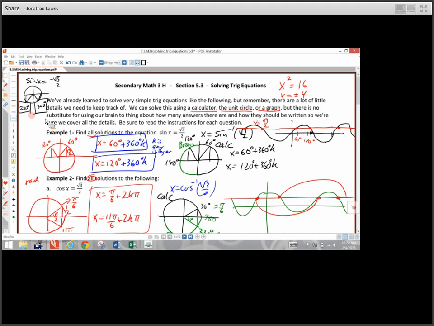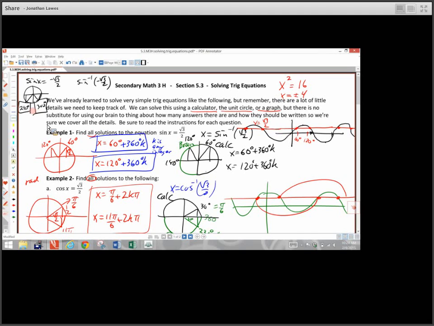Okay, grab your calculator, type this in. Sine inverse of negative radical 3 over 2. What does it give you? Gives you negative 60, doesn't it? It doesn't give you either one of these, right?